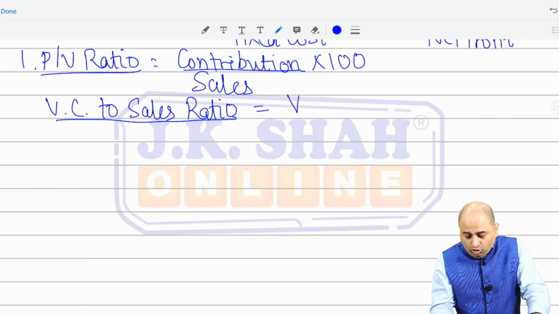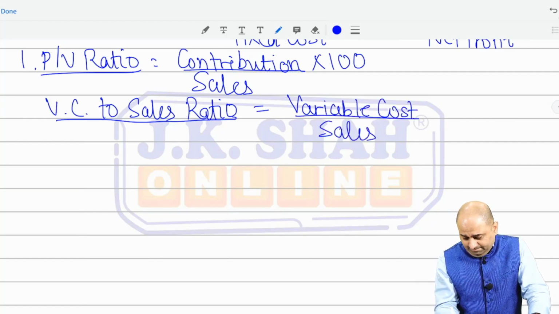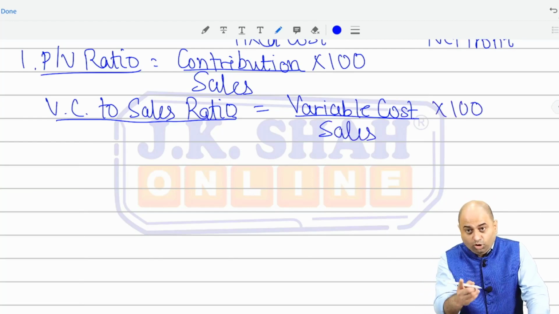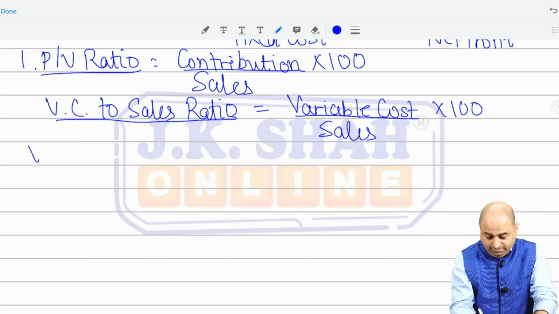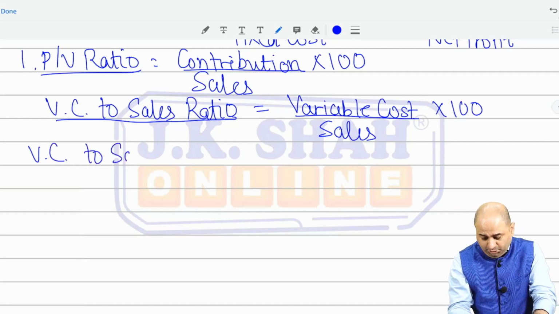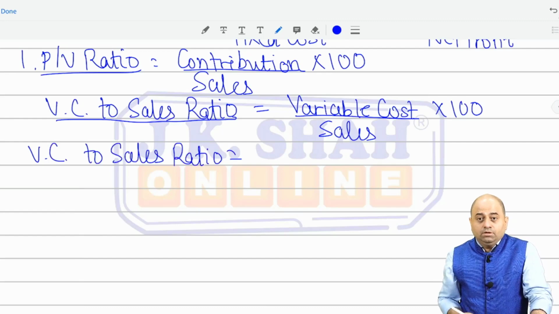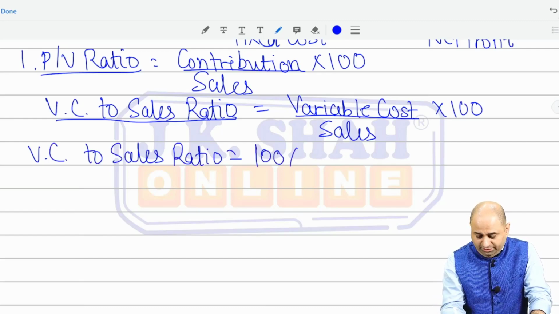How do you calculate? Normally, it should be variable cost upon sales into 100. But you can also do it this way. Guys, now listen. VC to sales ratio is equal to 100% minus PV ratio.